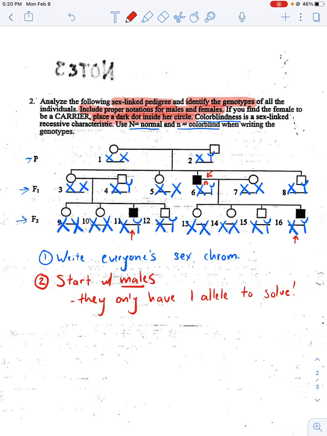So again, remember, don't put the allele on the Y chromosome. Number 11, same thing. Number 16, same thing. So with regards to the genetic males, do the recessive individuals first, then do the dominant ones.